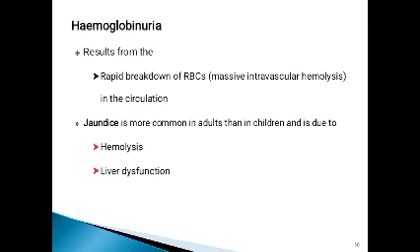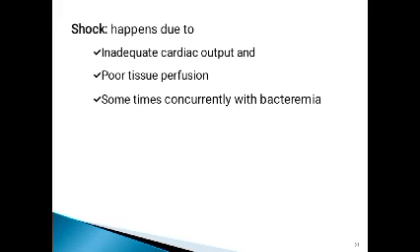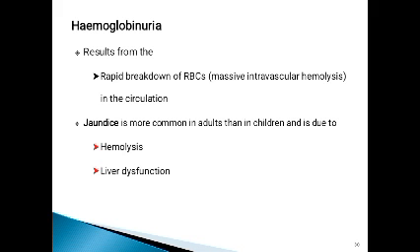Jaundice is more common in adults than in children and is due to hemolysis and liver dysfunction.